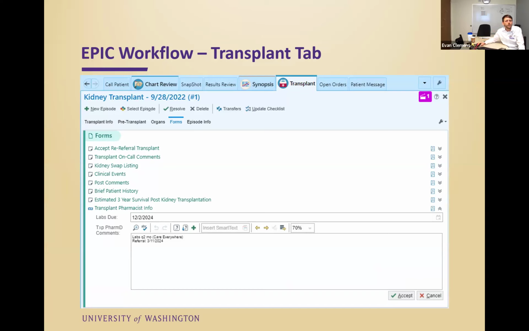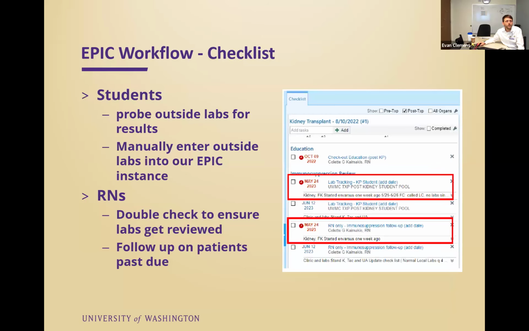But we wanted a different place for us to have full control that nobody else would access and use, so we would ultimately be responsible for that lab due date. And then we put comments in there about how often we're doing labs, where we can expect to find them, and what the referral date was.